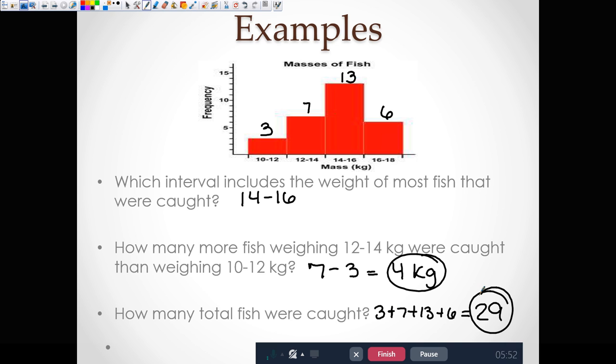Those are simple questions of just looking at what is the most, what is the difference, how many are total. Now we're going to be looking at more detailed questions that go along with our central tendencies and our variations. So mean, median, mode, standard deviation, IQR, and range.